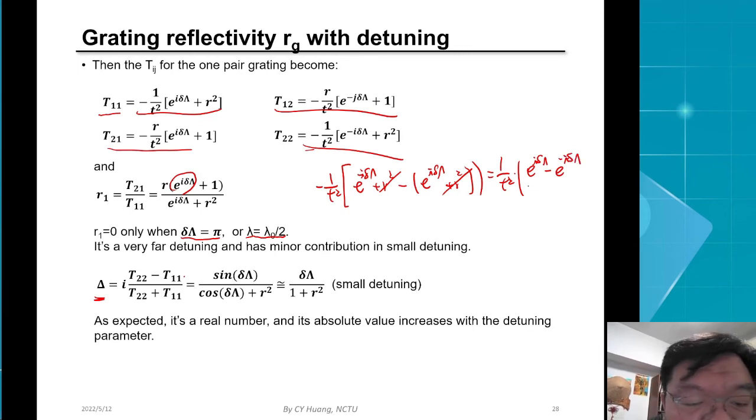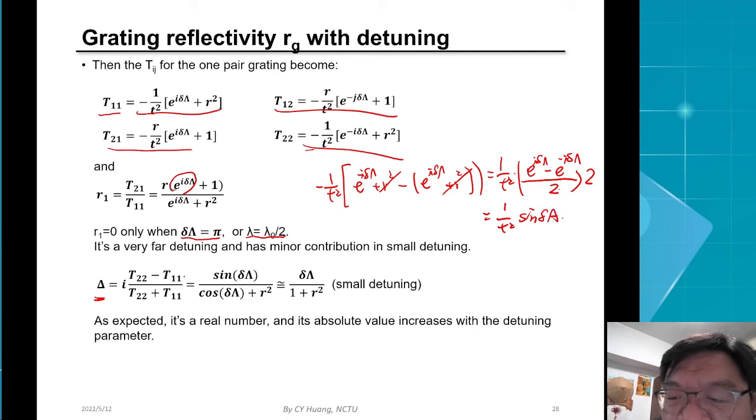Dividing by 2 and multiplying by 2, this is the definition of the sine, with an i here. So this is T22 minus T11.